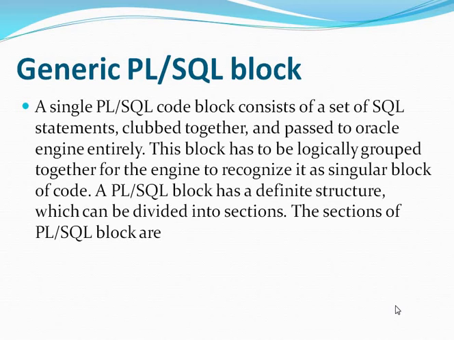PL/SQL is a programming language, but it also contains a number of queries, and these are clubbed together and sent to the Oracle engine at once. This block has to be logically grouped together for the engine to recognize it as a singular block of code. So logically, the Oracle engine must understand what the program is.